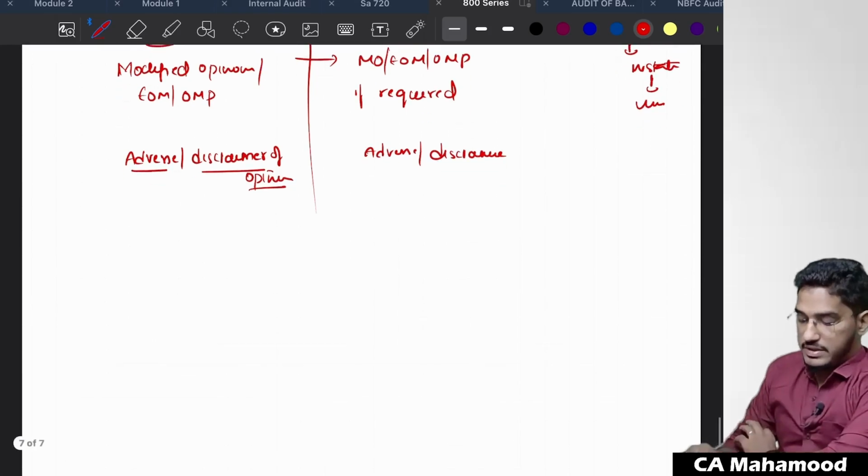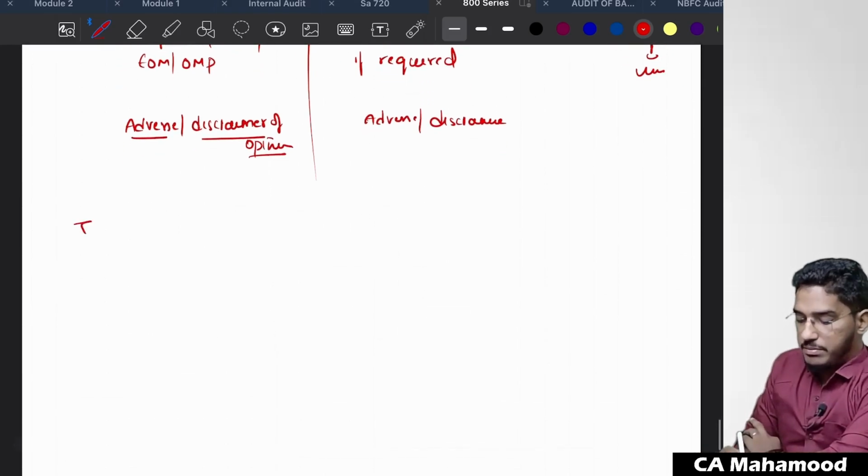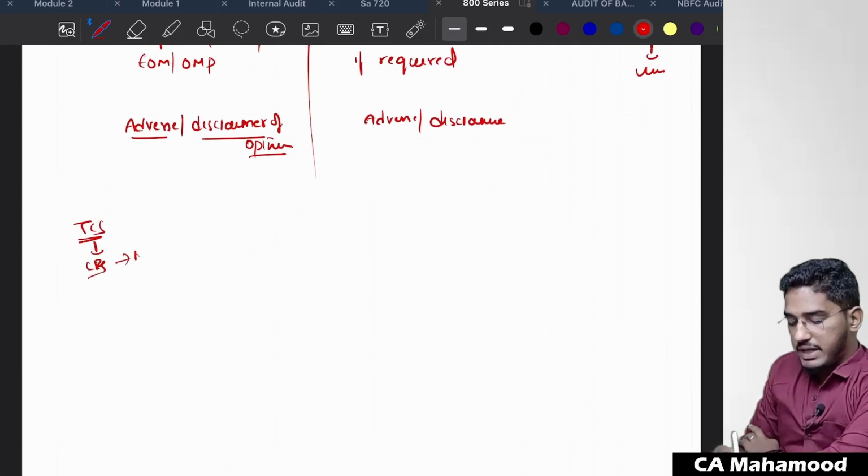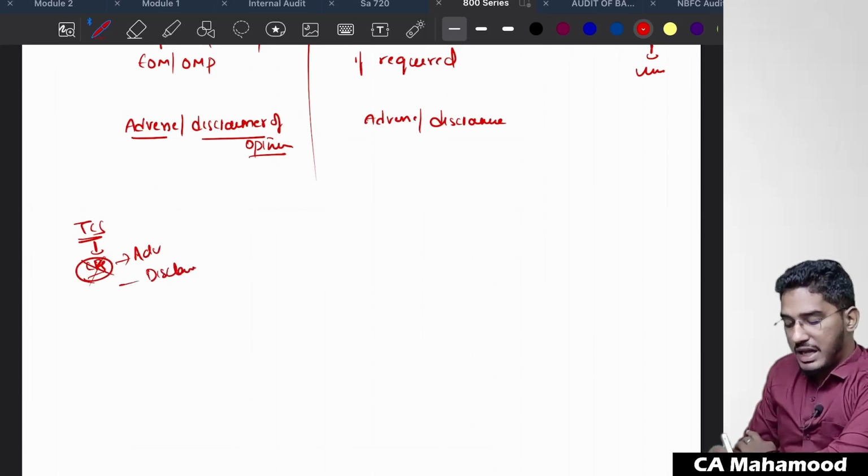Yes or no? For example, if I have conducted audit of the complete financial statements of TCS and I'm giving an adverse opinion, I'm trying to say that all those financial statements are wrong. If I'm giving a disclaimer of opinion, I'm trying to say that I'm unable to verify, I'm unable to obtain audit evidence regarding the entire financial statements.